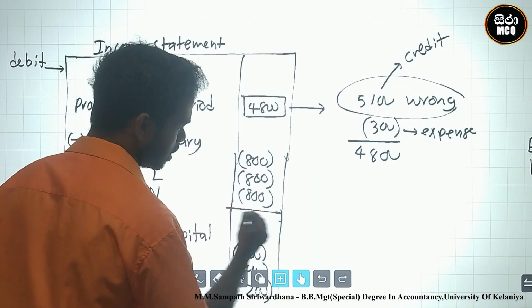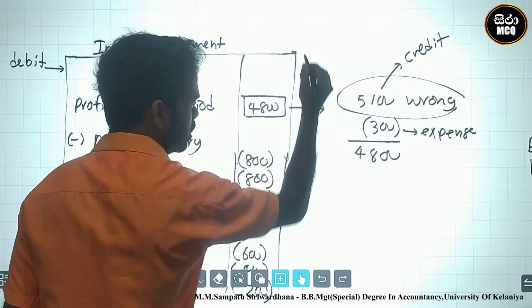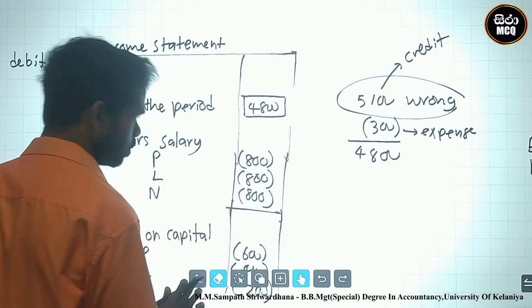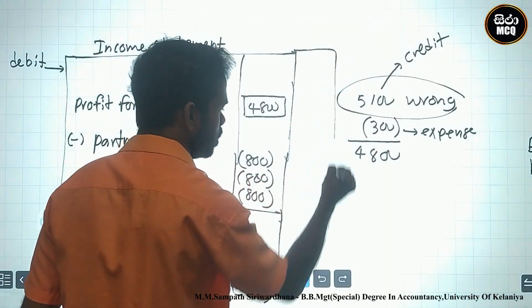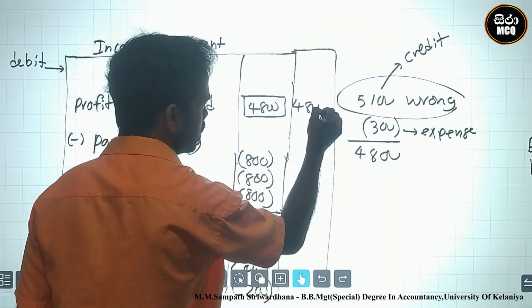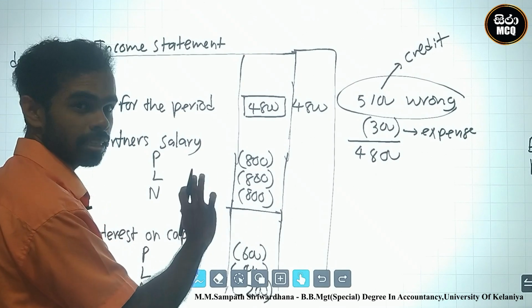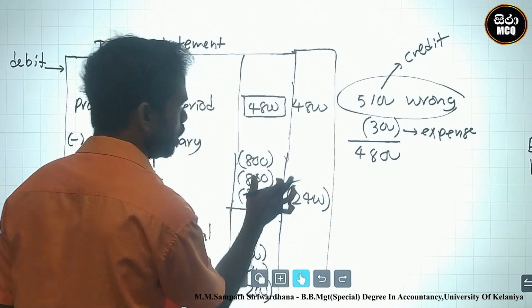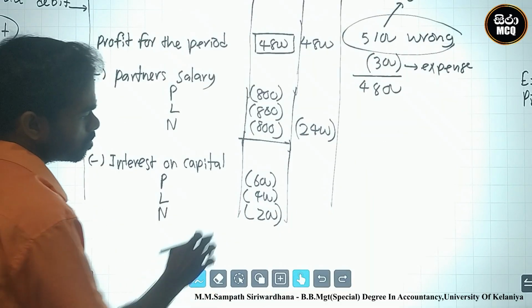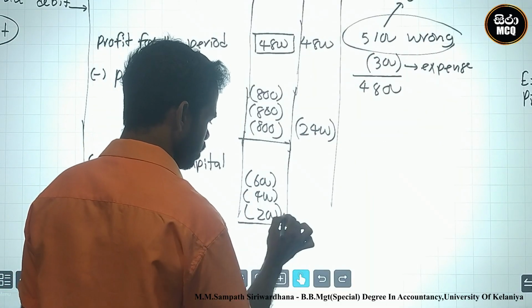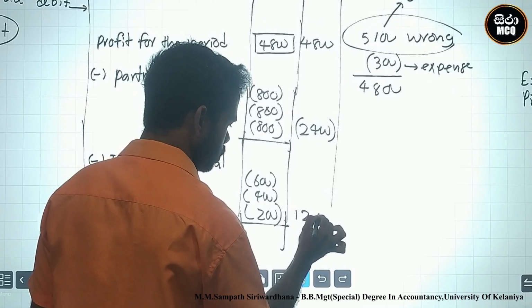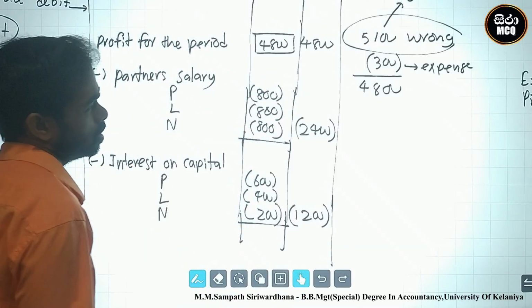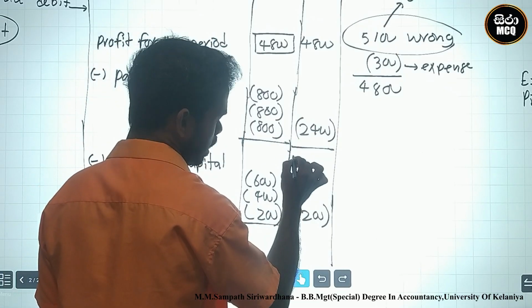After that we must deduct this one. I again create another column for this one. 4800, there are 3 800, 2400 must be deducted. After that you must deduct 6000, 1000 and 1.2, 1200 was deducted from this 4800.